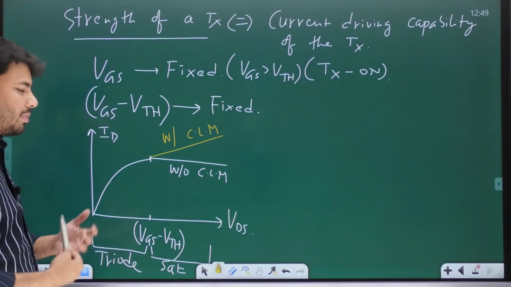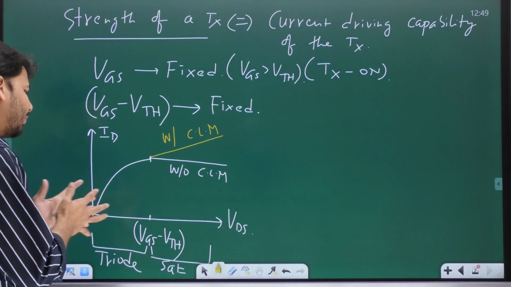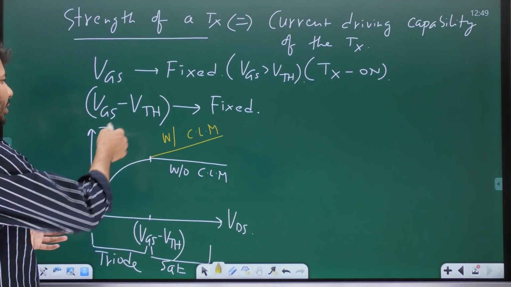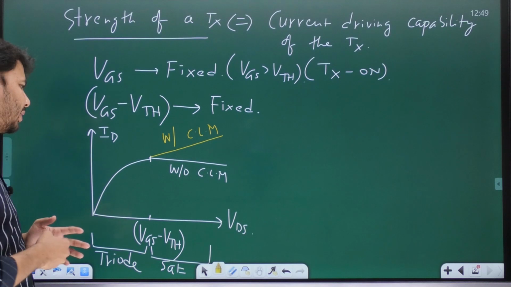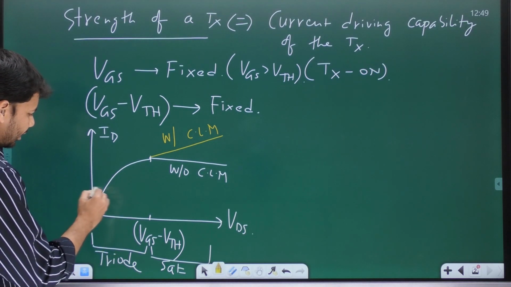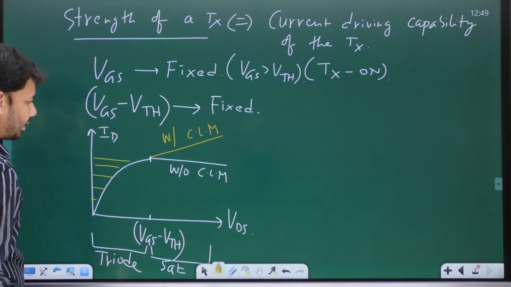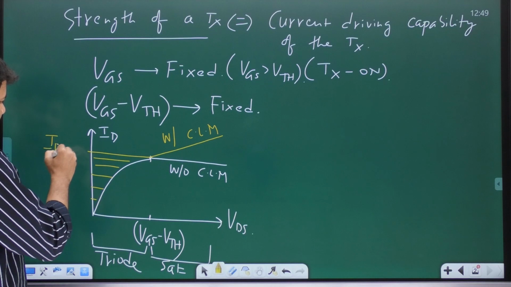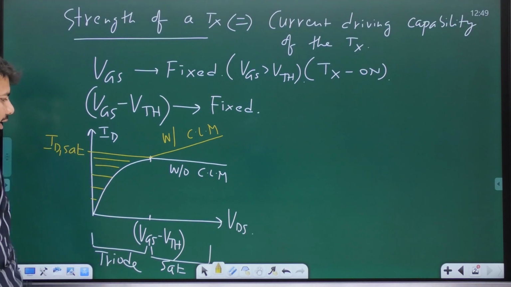And my original question is, in which region of operation is the drain current going to be maximum for a fixed value of VGS minus VTH? Is it not in saturation? Because in triode, the value of drain current is like this, and like this. Whereas in saturation, the drain current is this thing, and that drain current is ID sat.